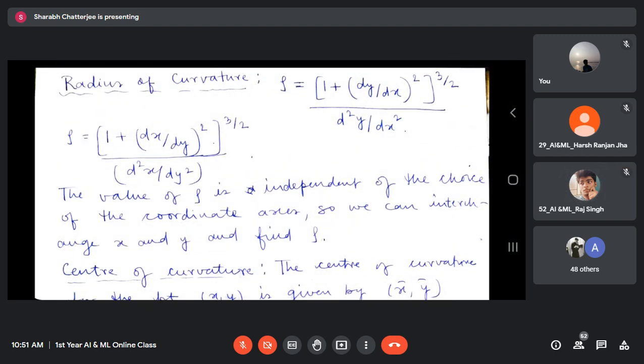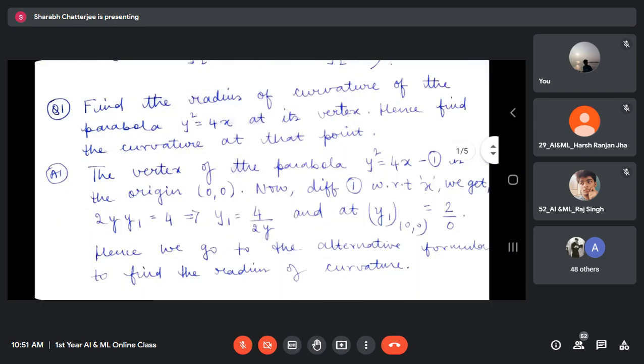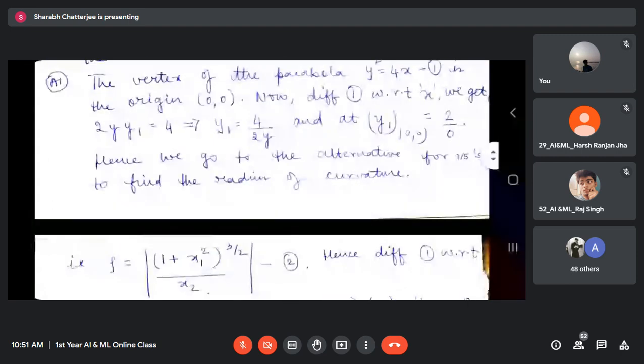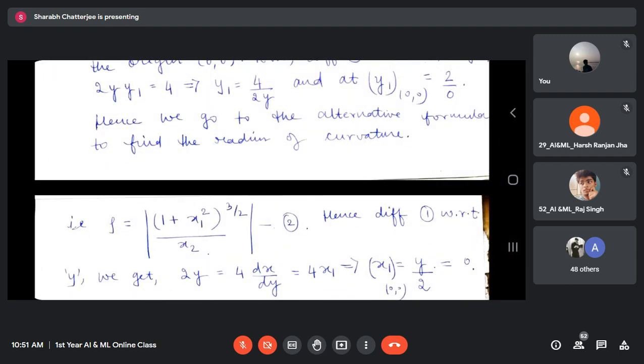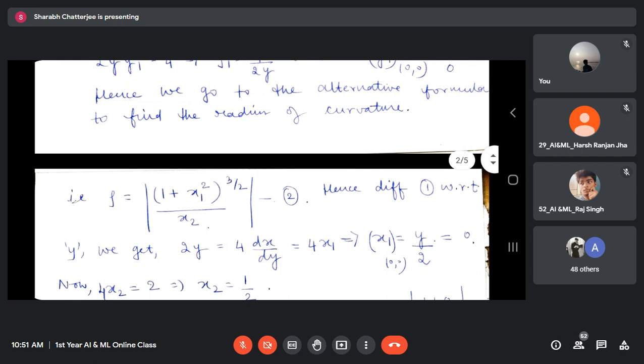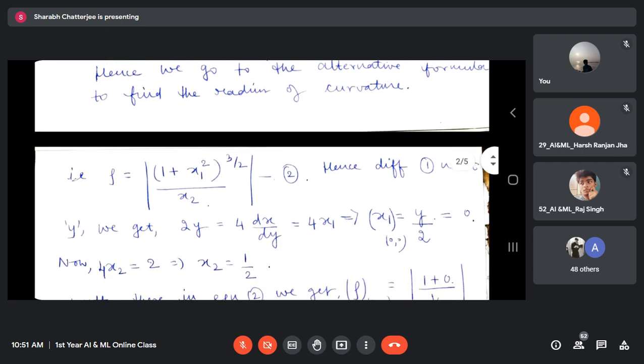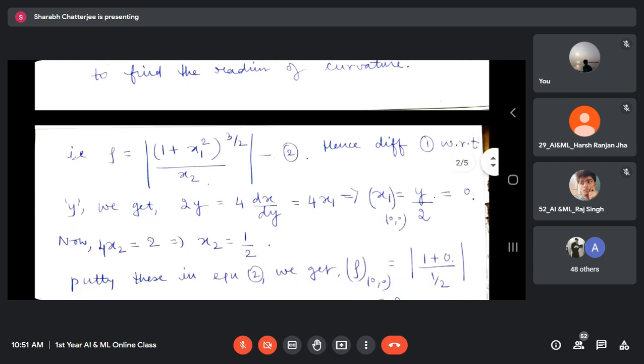So rather than finding dy/dx and d²y/dx², we will find dx/dy and the double derivative of x with respect to y. Hence we go to the alternative formula to find ρ. This one. x1 means dx/dy. At (0, 0) it is 0 and x2 is half. Can you quickly check what is x1?